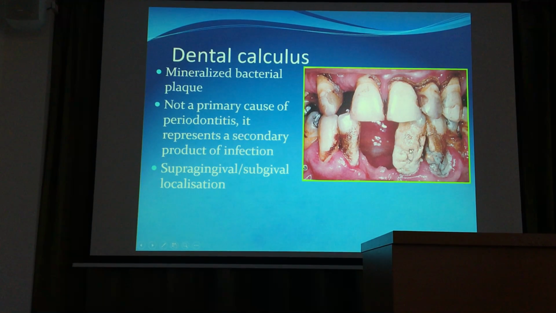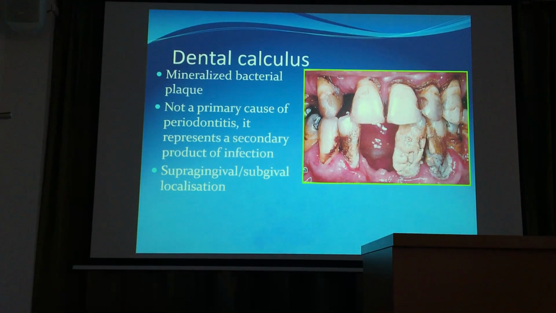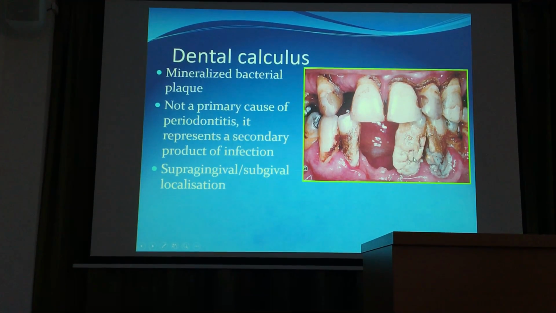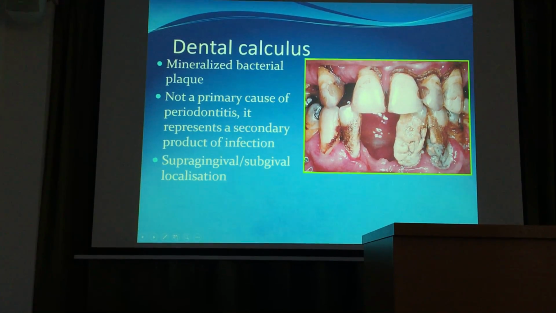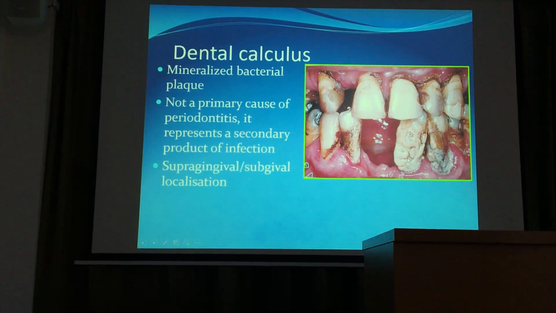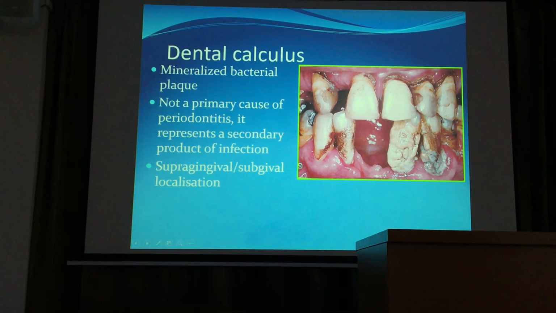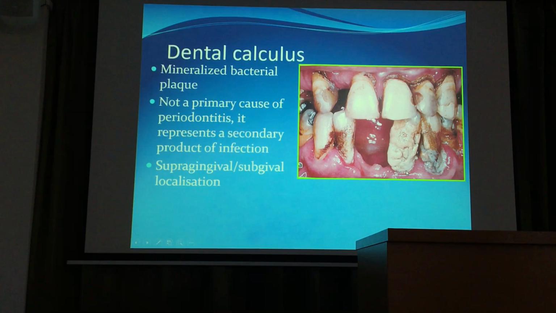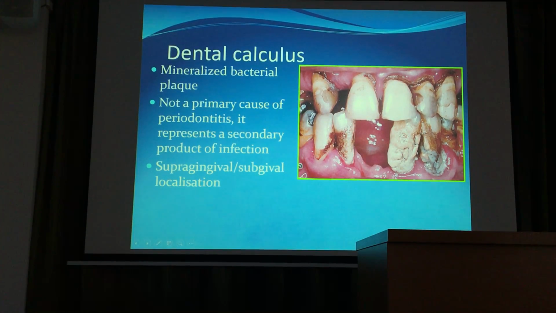And the rough surface is very optimal for the colonization of the bacteria. It's much easier to colonize than a smooth surface. And these bacteria localize nearby the gingival margin, and this bacteria can produce a huge inflammation, which could be irreversible, and result in spontaneous tooth loss.